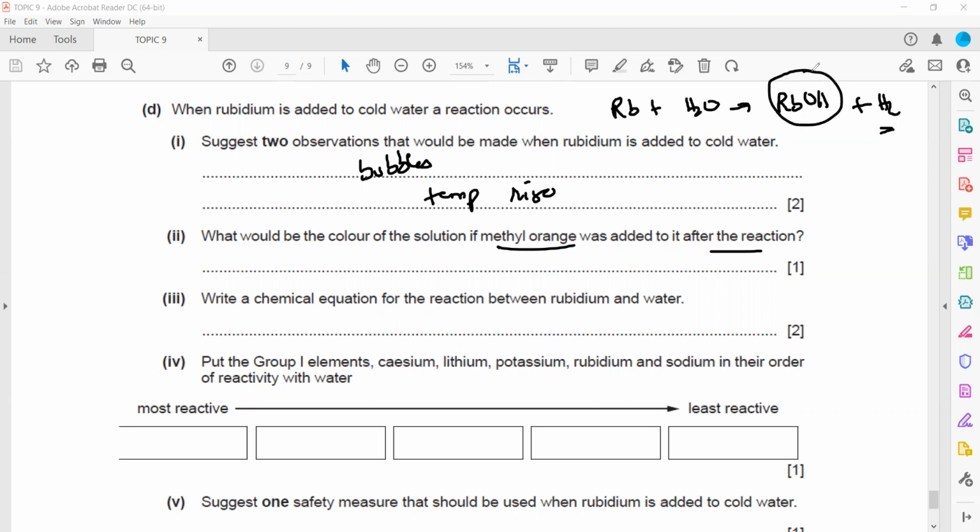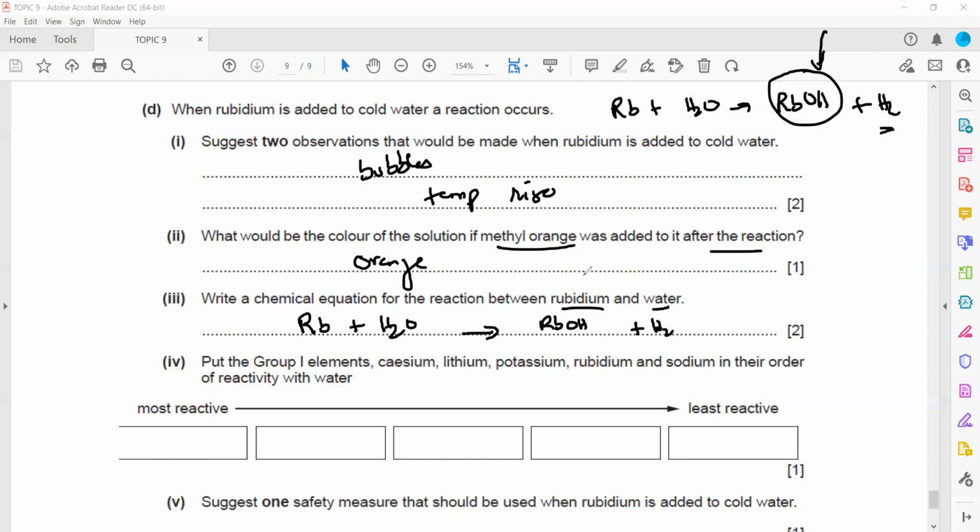What would be the color of methyl orange? Methyl orange is added to this alkaline solution. You can mention it is orange or yellow. Write a chemical equation for the reaction between rubidium and water. I already mentioned here that when rubidium is mixed with water, H2O, it will become rubidium hydroxide plus hydrogen.